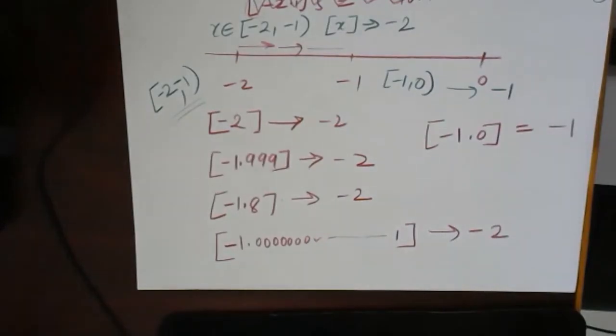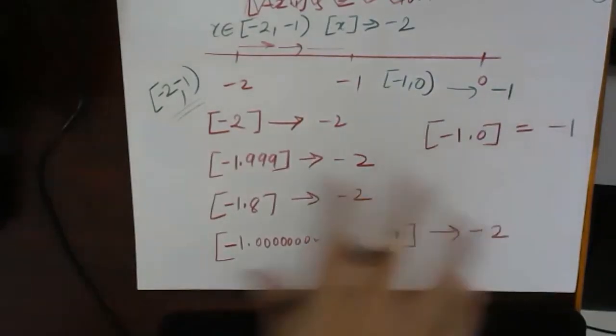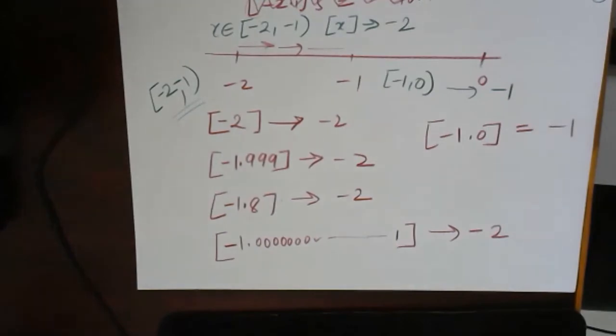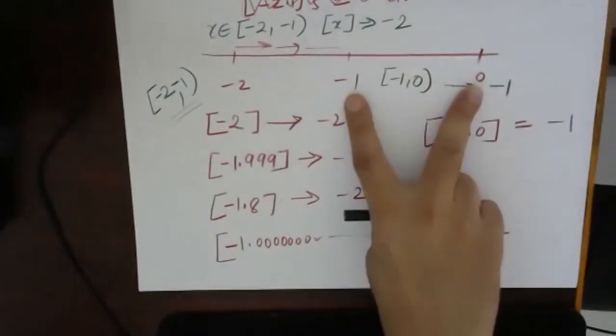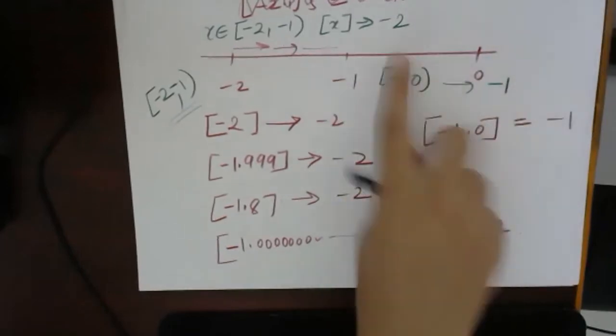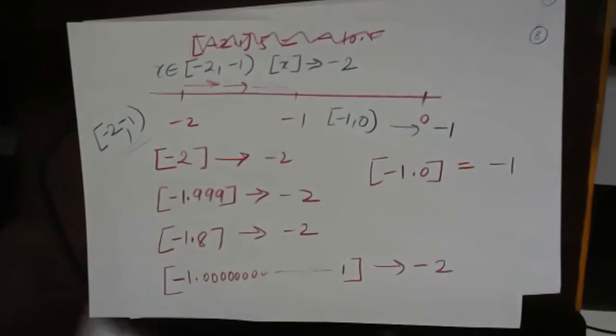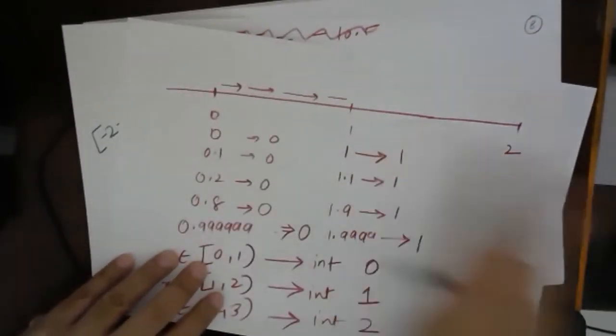This is our discovery: between some domain, some range of x, it gives the same constant value. Similarly, between 0 to 1 it is giving 0, between 1 to 2 it is giving 1, and so on.